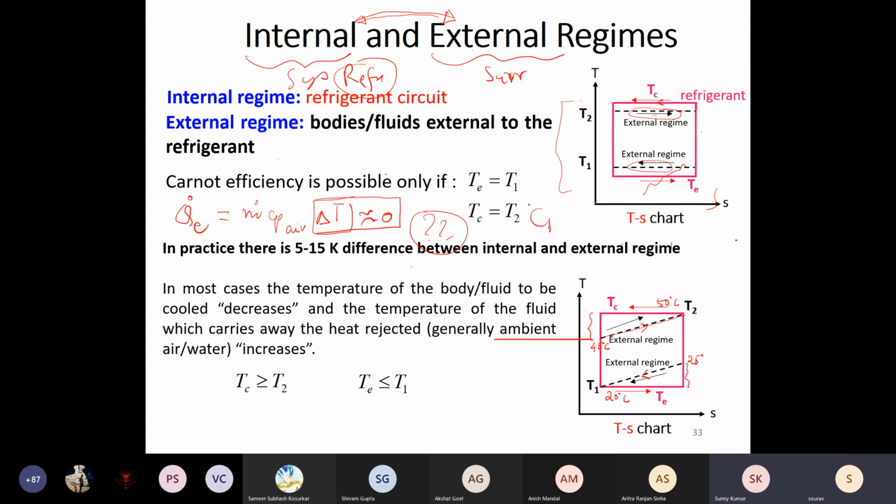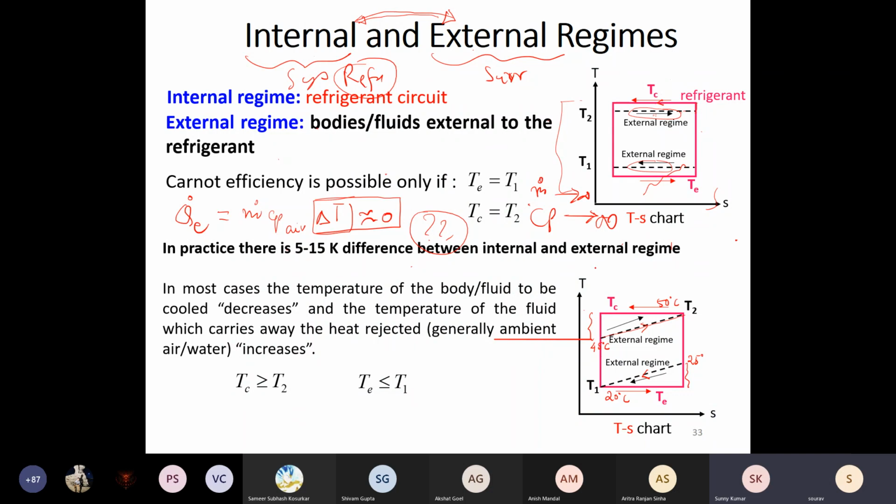When you have Cp tending to infinity. No matter how much heat you dump, your Cp is infinity, so your fluid will not undergo any change in temperature. Or the other case is m dot tending to infinity.